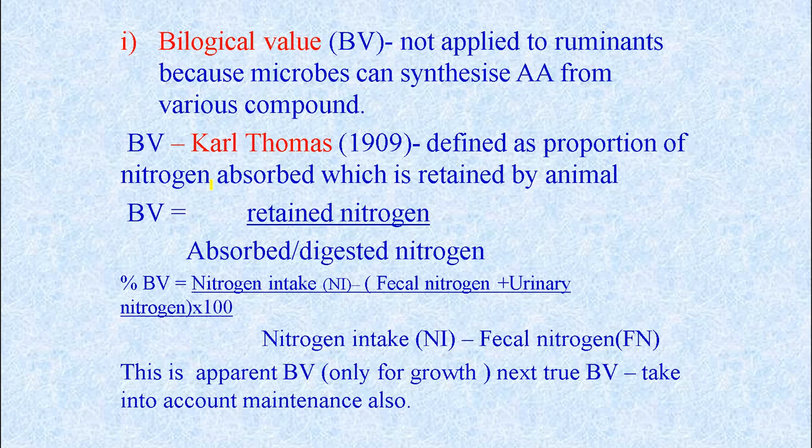So the nitrogen intake, or NT, is equal to Ni minus fecal nitrogen plus urinary nitrogen into 100. This formula is based on the energy and protein requirement of the cattle by balancing the diet.